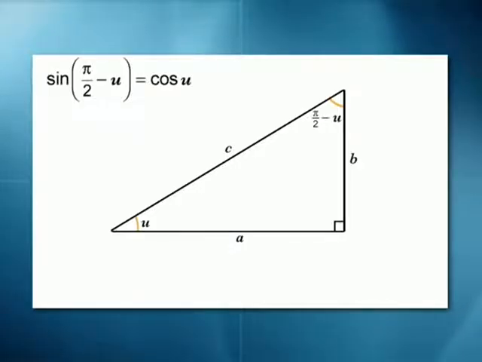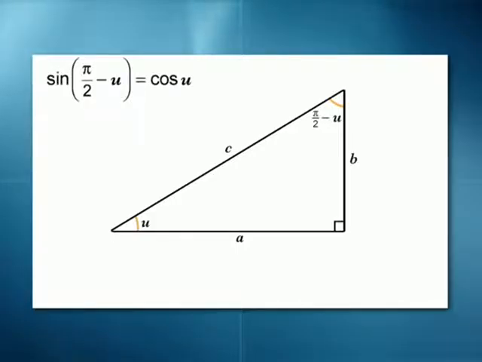Well, if one angle is measure u, the other one is 90 minus u, but we've been using radians mostly, so it's pi over 2 minus u. So the two acute angles are u and pi over 2 minus u.